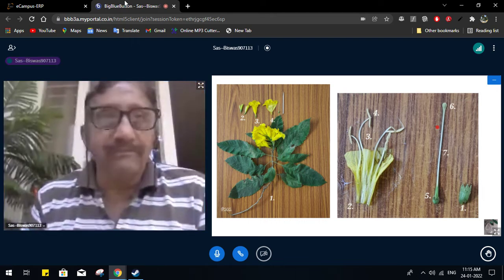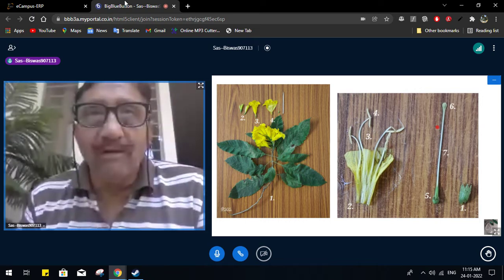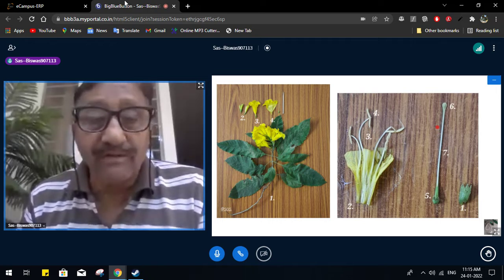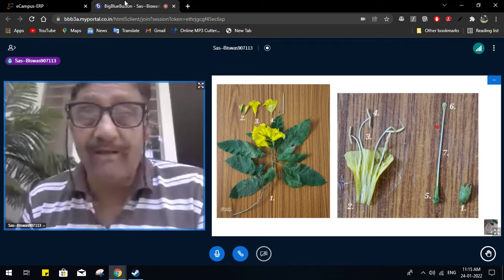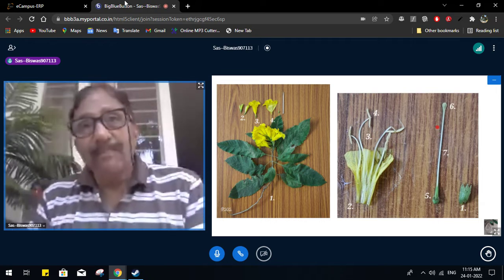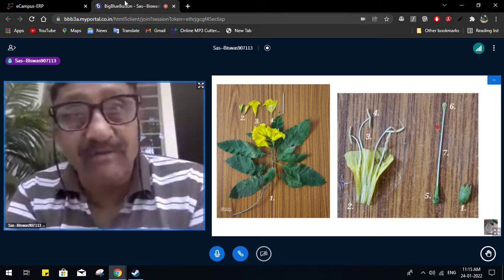And there is no chance to copy and write in your answer sheet from the practical record. This is what I've been doing since 2010, ever since I joined this institute. So as many students, so many specimens.